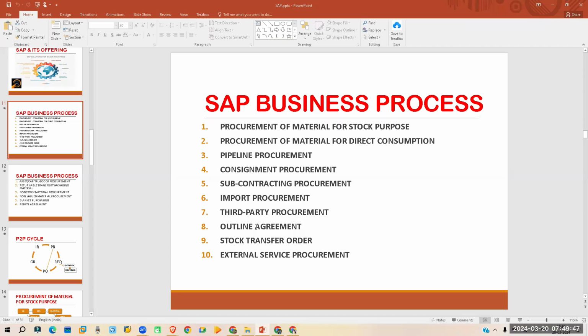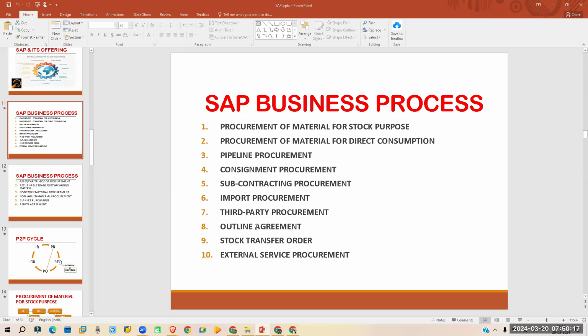Okay, so now next one is stock transfer order. So what is a stock transfer order? Normally, let's say one company has multiple lines of business, where in one plant they are manufacturing something, and in another plant they are using that same product.